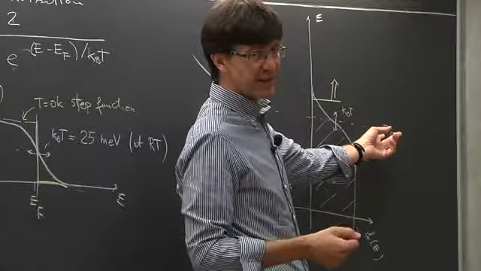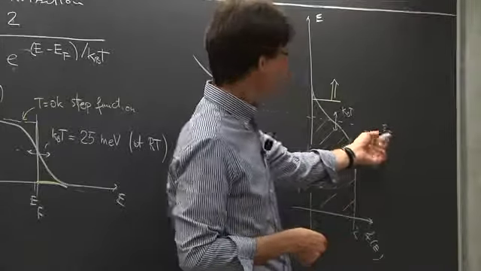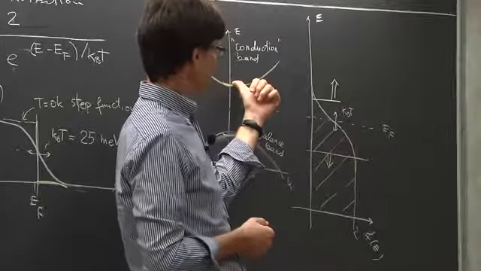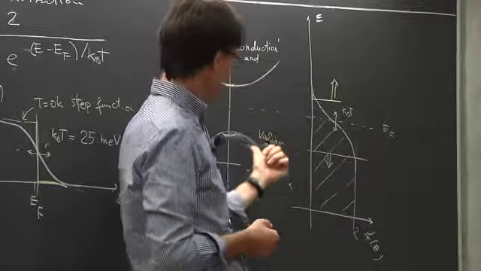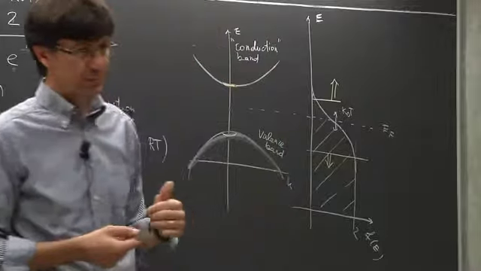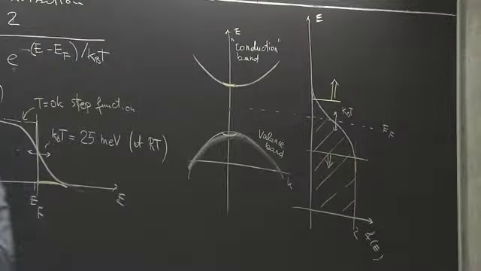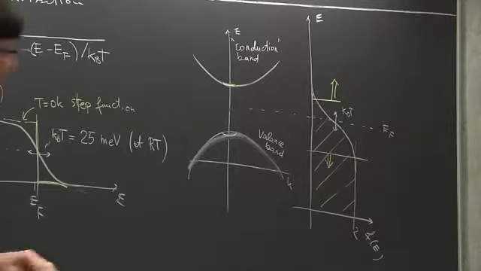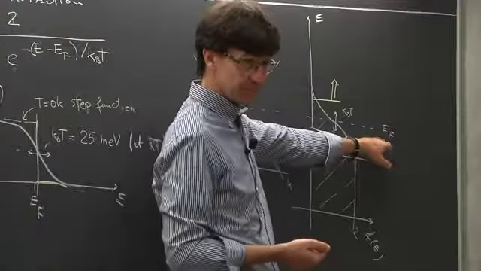I will place it exactly at the point which makes the number of electrons here exactly equal to the number of electrons that I removed from there. This is the criterion I will have to use to define the exact position of the Fermi energy.